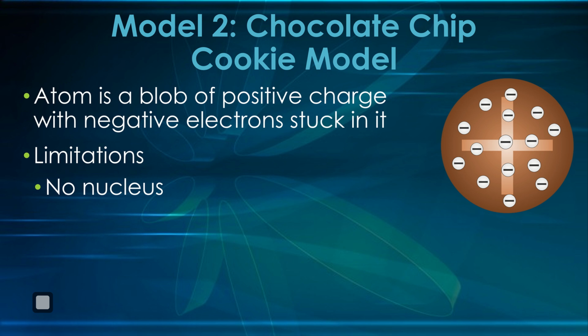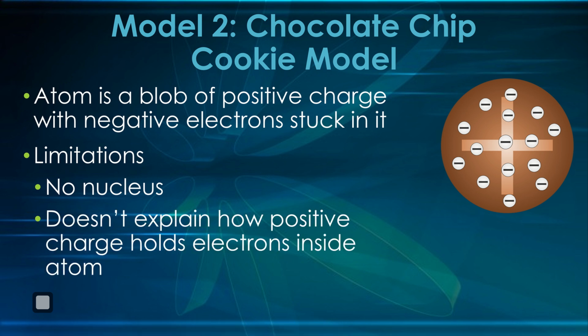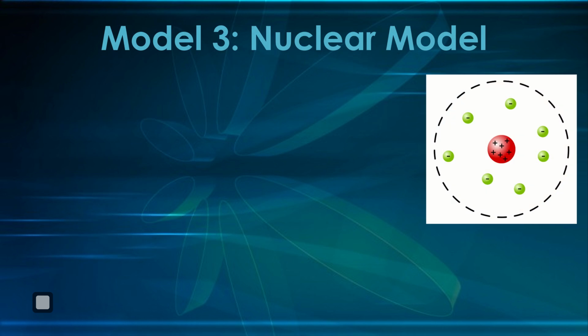It's just this spherical mess, with nothing more than these little tiny chocolate chips of electrons throughout it. And it doesn't explain how positive charge holds electrons inside the atom. Yes, we know that this area has positive charge, but why? And why is that keeping these electrons bound within the atom?